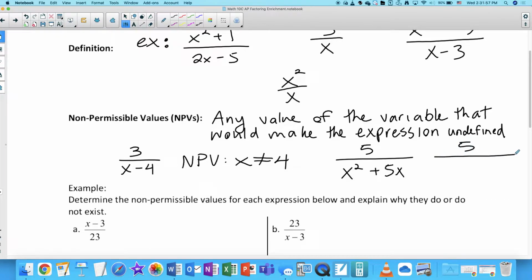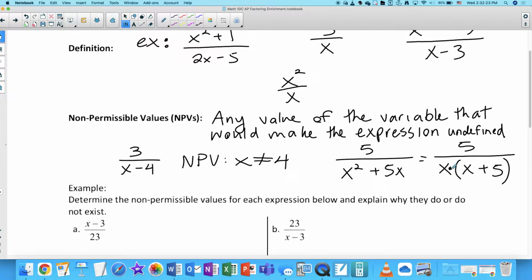What's the GCF there? X. And then we're left with x plus 5. Okay? So you have to think, okay, the denominator can be factored into 2 factors. If you multiply 2 numbers together and the answer is 0, one of those 2 things must be 0. So let's suppose this factor is 0.